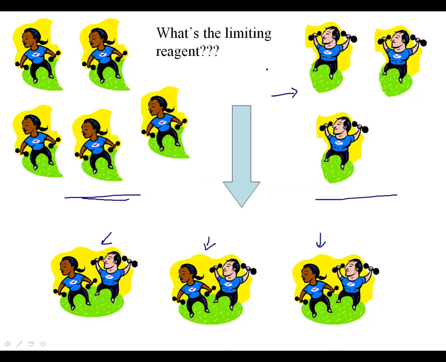We're going to run out of guys first, while we have plenty of the girl workout people, and that would be our excess reagent. So since we need one of each, once we run out of guys, we will have plenty of the girls left. And we could even figure out something very commonly asked: how much of that excess will be left over?